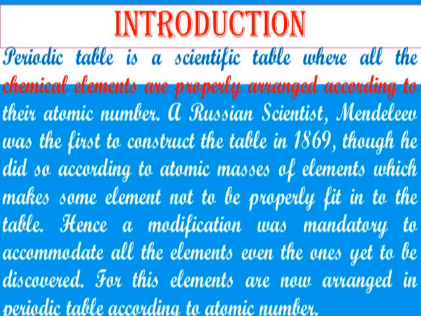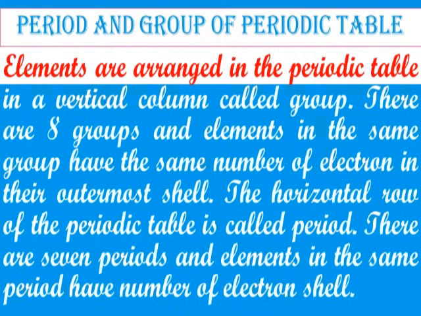The modern periodic law is associated with the fact that elements in the periodic table are arranged in order of increasing atomic number and not atomic mass. Let's look at the periods and groups of the periodic table. Elements arranged in a vertical column are called a group.